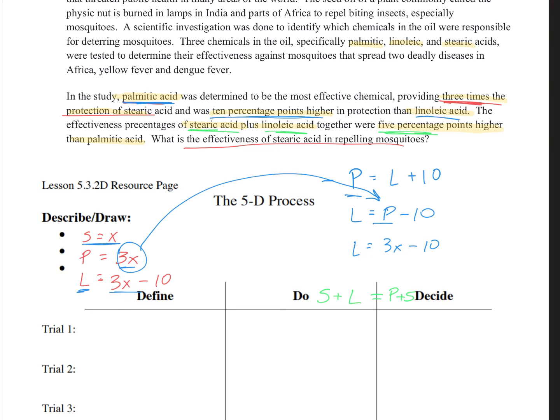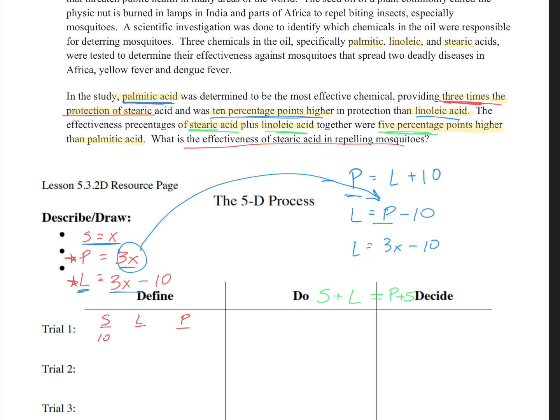Now let's plug in a value, percentage points for stearic acid. Once we do that, we have equations here and here that can give us the percentage points of palmitic and linoleic. So I'm just going to throw out a guess.